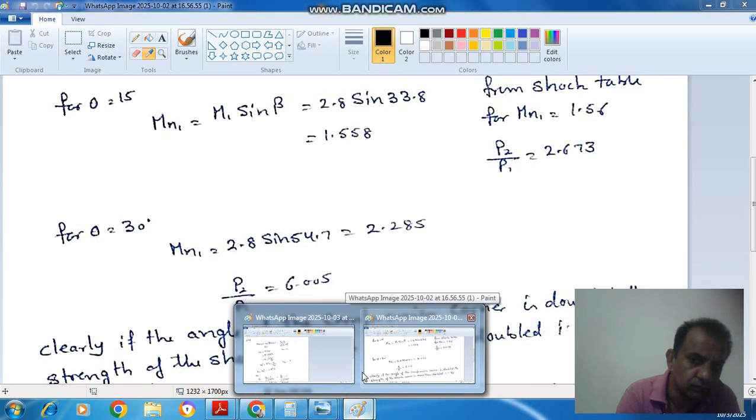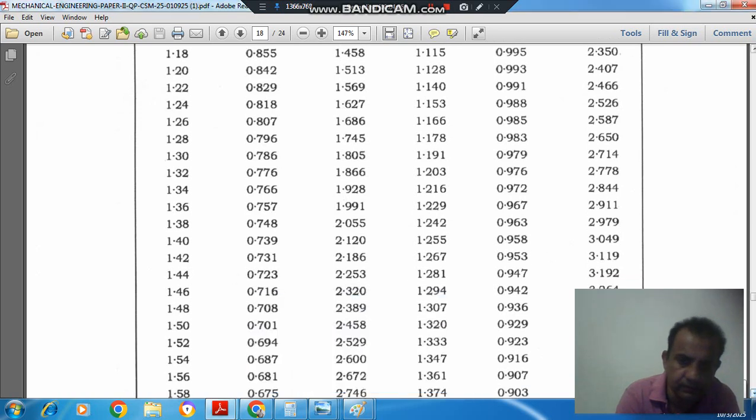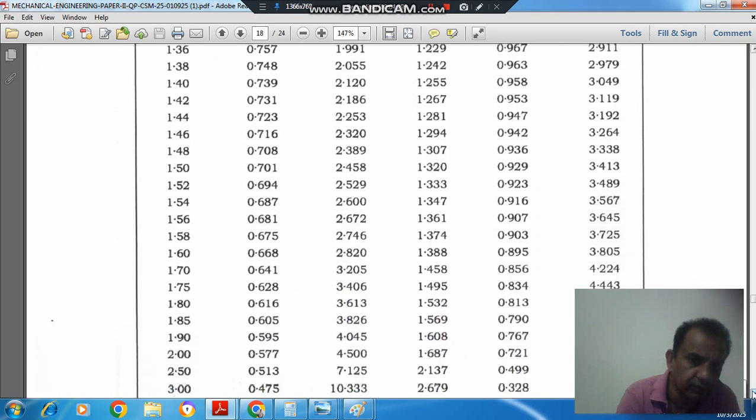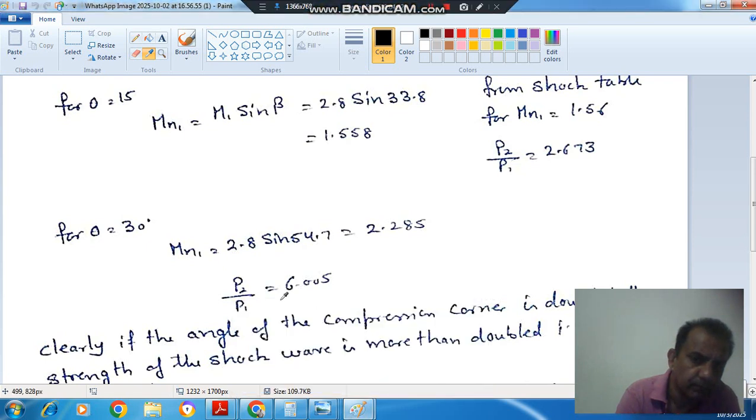So here 2.2 and 2.5 are there, so we will take in between value or we will find out by interpolation. So that will give P2 by P1 as 6.005 or 6.